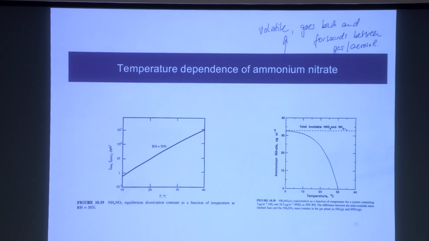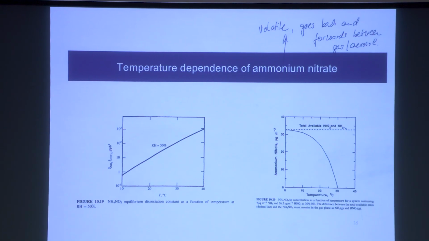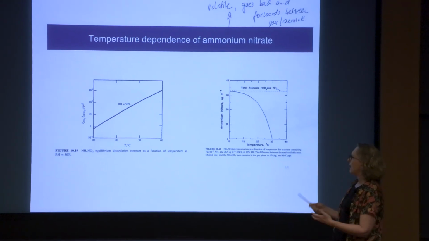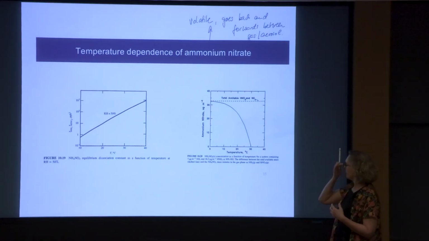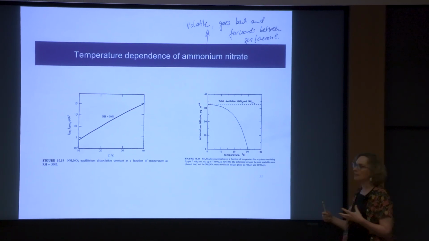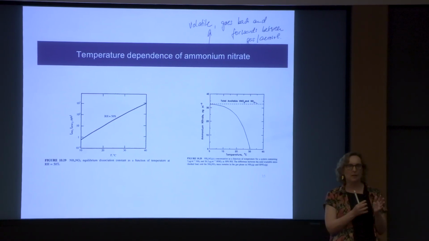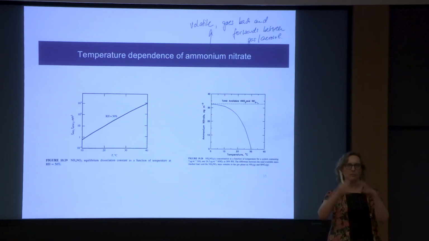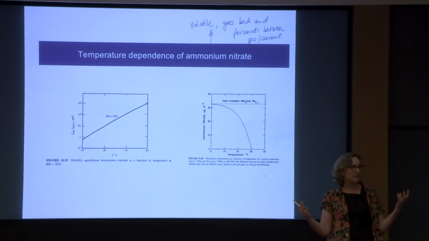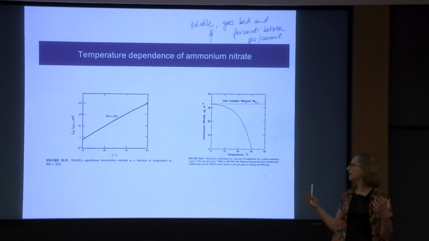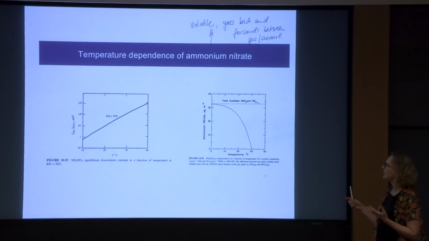So for example, in the morning when the air is cooling down, you may have enough of the precursors and the temperature is cool enough that you can form ammonium nitrate, but then when the air is warming up, it evaporates and you have the nitric acid and the ammonia back into the gas phase.